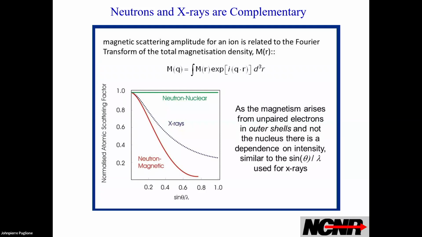The neutron scattering only looks at the unpaired electrons. So that's an advantage, that you just see those. Typically, those are the outermost electrons, the ones that are doing the bonding. And so you have this magnetic form factor that typically drops off very quickly. And in the nuclear case, it's just a constant, so you don't have to worry about that at all.